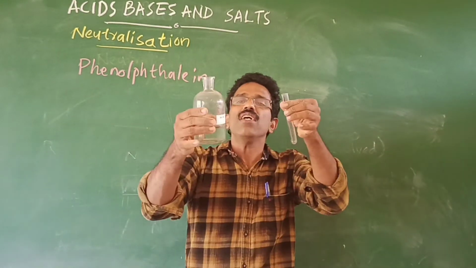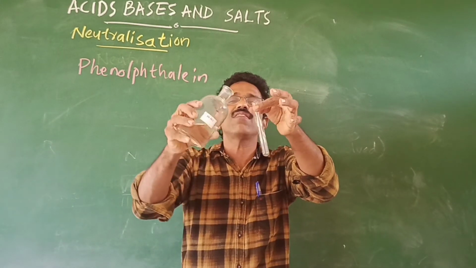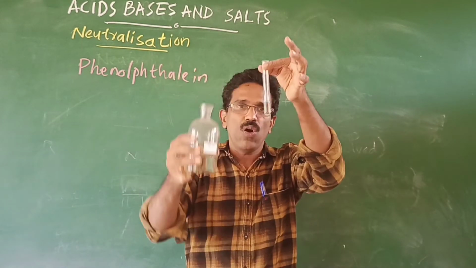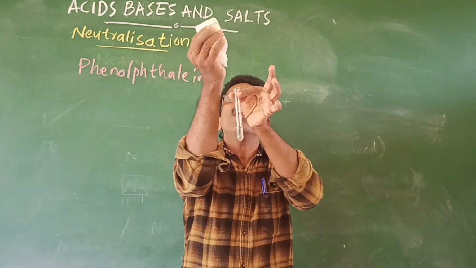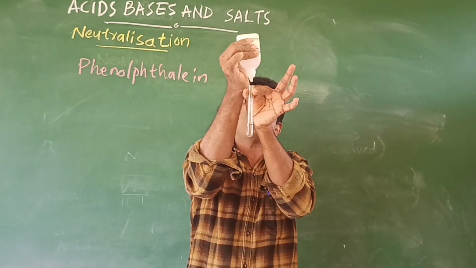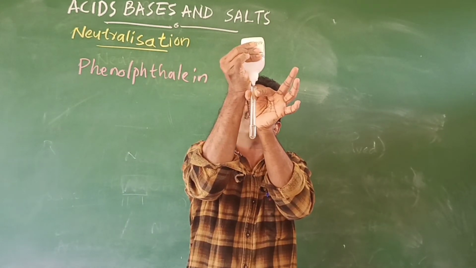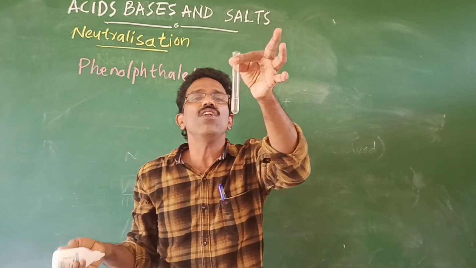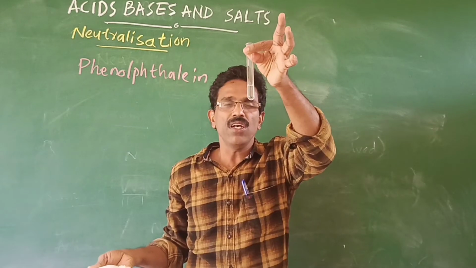I am taking some amount of dilute HCl, that is hydrochloric acid, in a test tube. I am adding a drop of phenolphthalein indicator. You can see no color change happened.